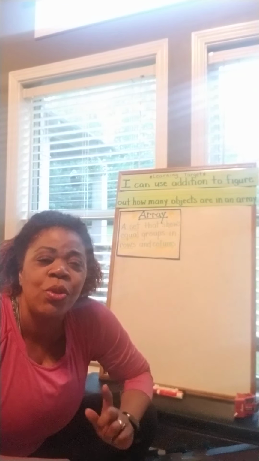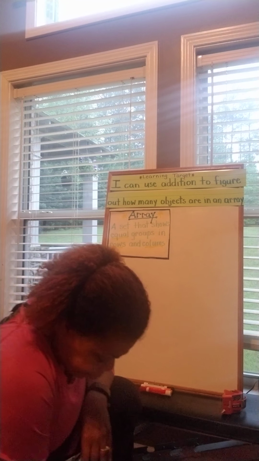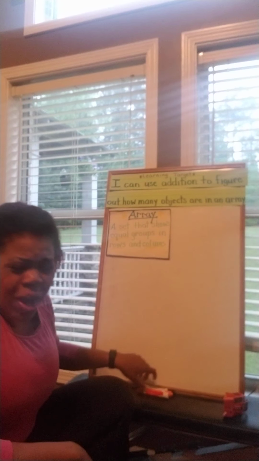Okay? So, today we are working on arrays. Okay? We're working on arrays. A-R-R-A-Y. Okay? And our learning target is I can use addition to figure out how many objects are in an array. So you're probably saying, so what is an array?